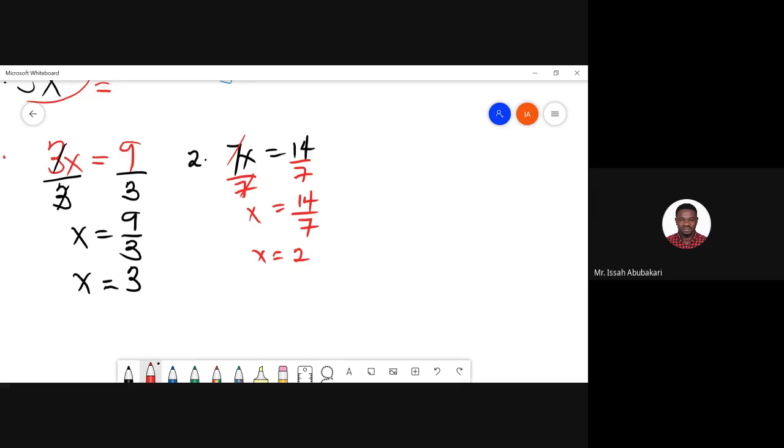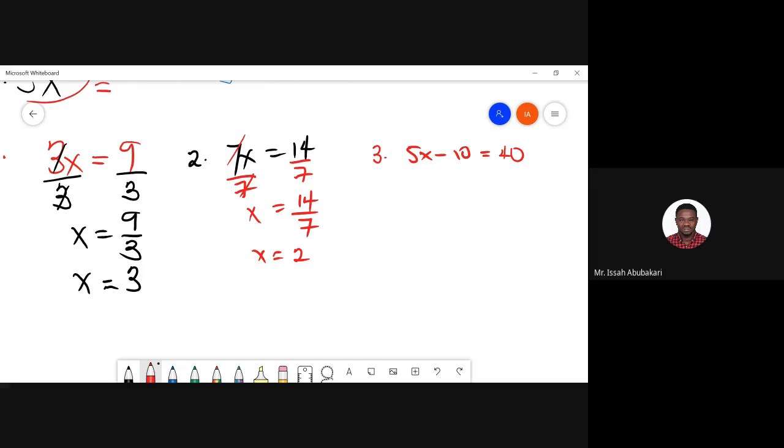Now let's solve the last question on the first type, type 1. So number 3, when we have 5x minus 10 is equal to, let's say, 40. We still write all the numbers with the variable on the left side and all the numbers without variable on the right side.